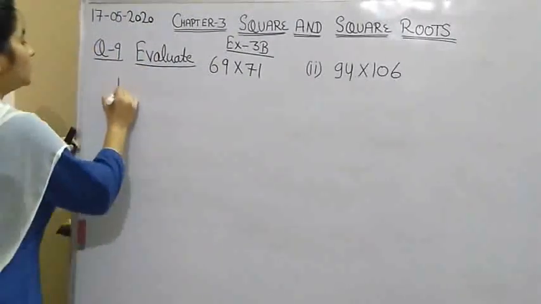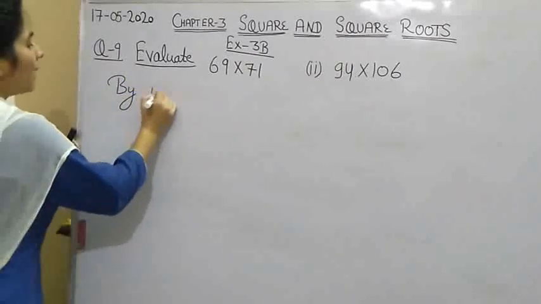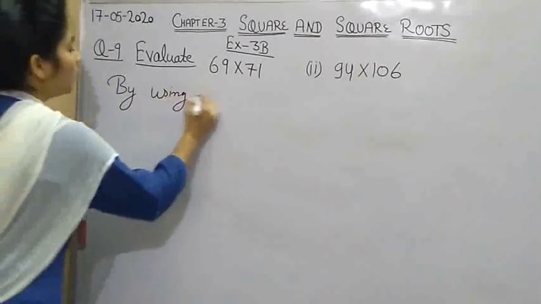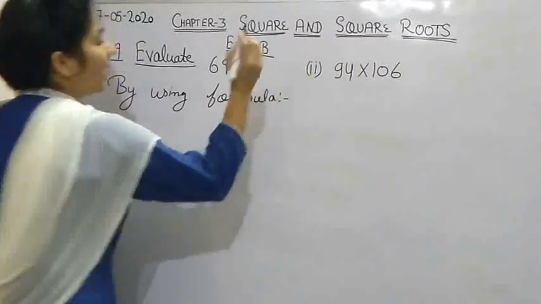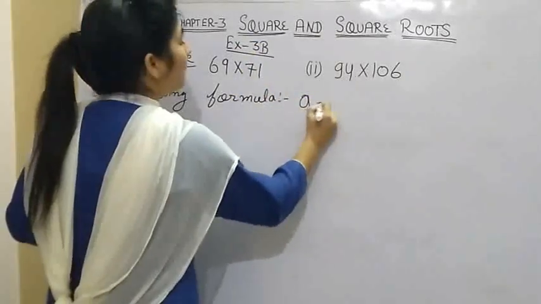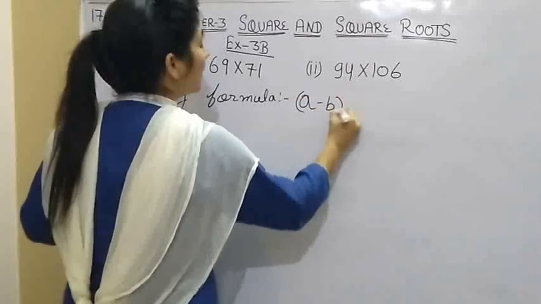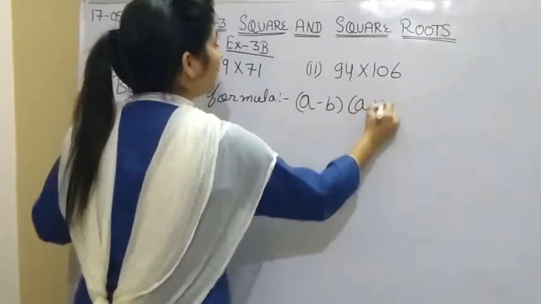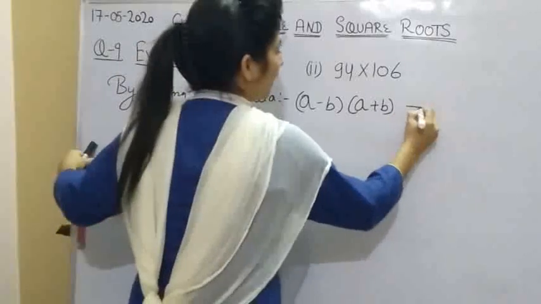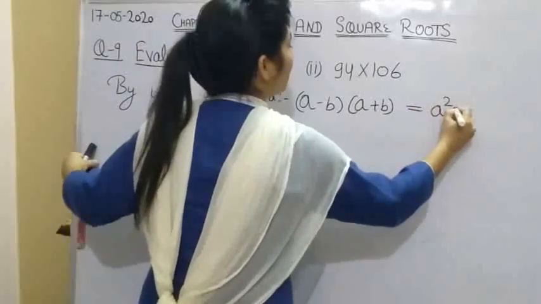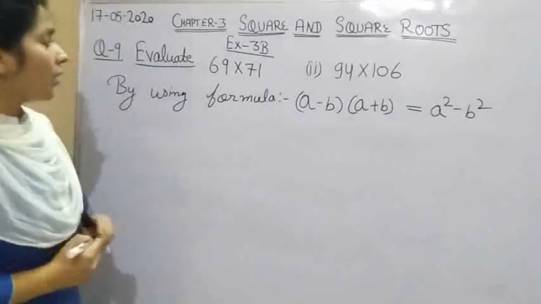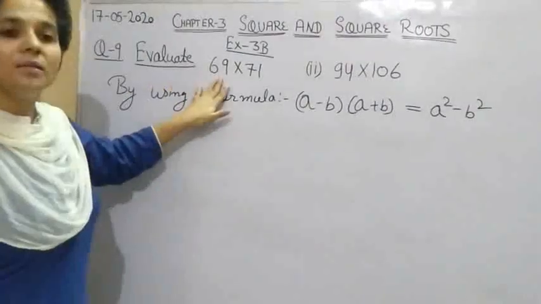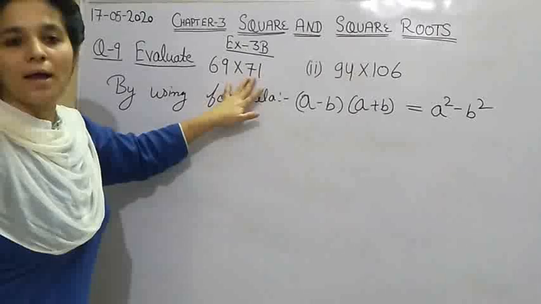So we can use the formula (a minus b)(a plus b) equals a square minus b square for solving 69 multiply 71.